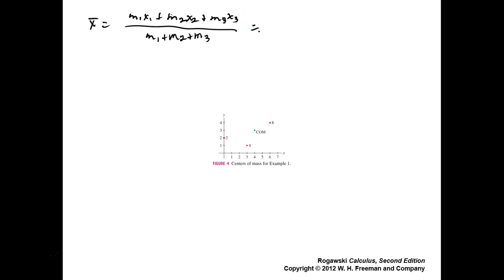So what's your M1 for object 1? What's the mass? Those numbers are the mass. Yeah, 2, 4, and 8. So you add them all? No, wait. Yeah, we will eventually. Let's just do as we're going. M1 is 2, right?